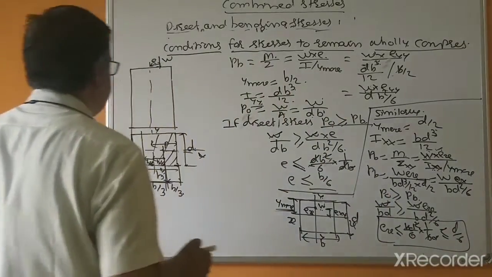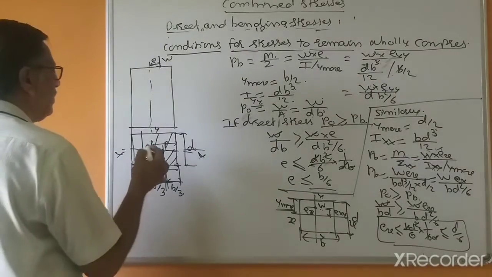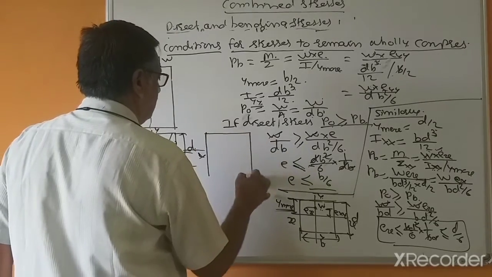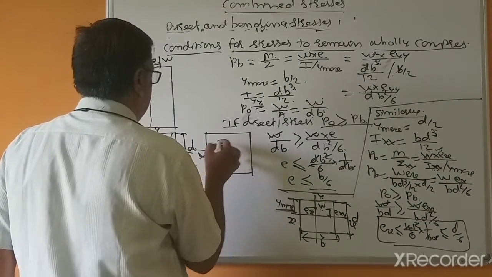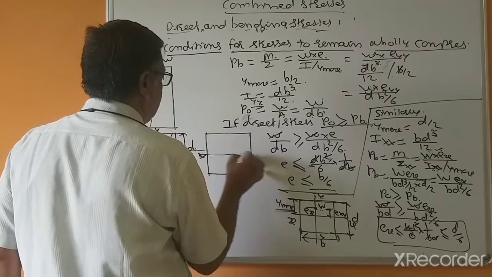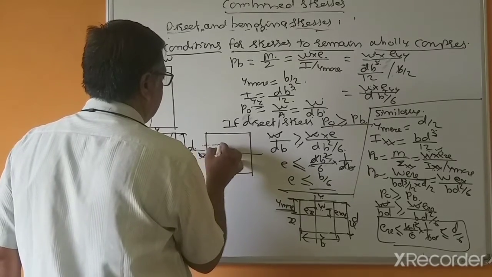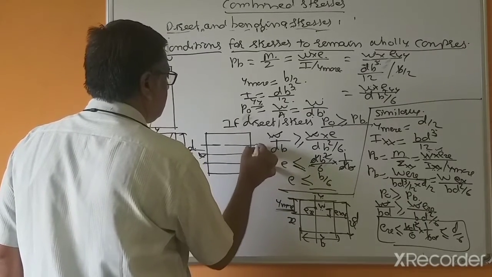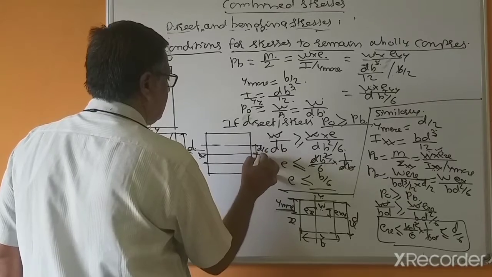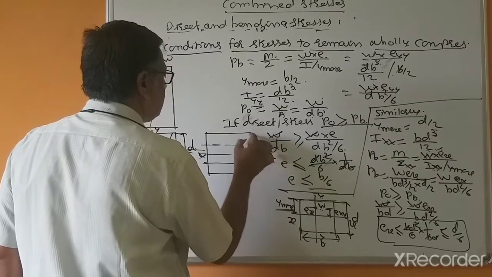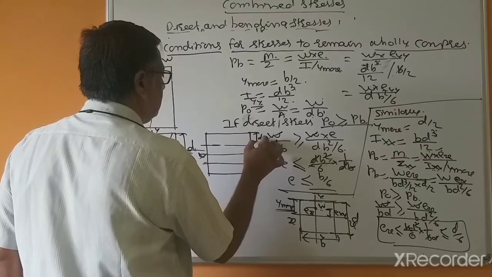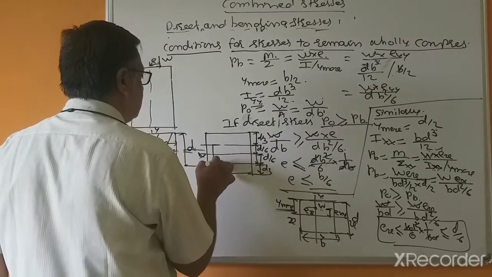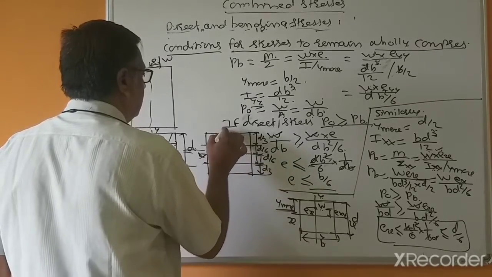D by 6 means in this case also, if this is the neutral axis and this distance equals D by 6, D by 6, so this is D by 3 and this is D by 3 and this distance also D by 3.